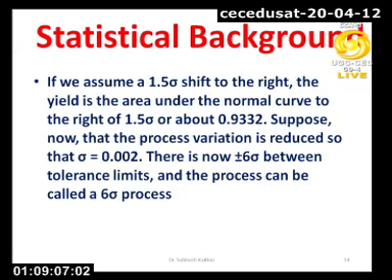If we assume a 1.5 sigma shift to the right, the yield is the area under the normal curve to the right of 1.5 sigma, which is about 0.9332. Suppose now that the process variation is reduced and it is 0.002, there is now plus minus 6 sigma between tolerance limits, and the process can be called a 6 sigma process.